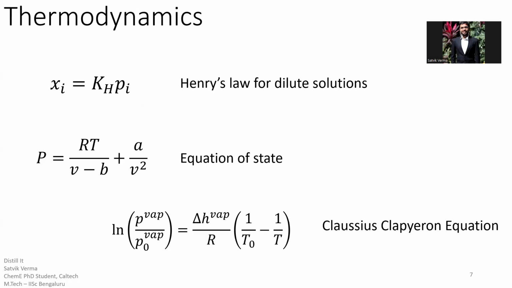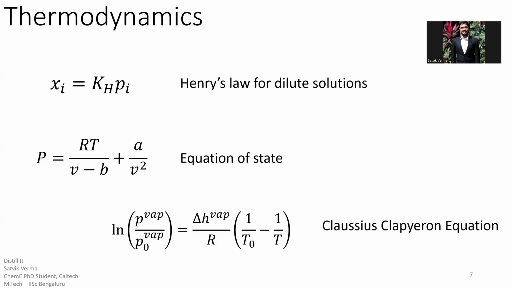Therefore, by cleverly designing your experiments, you can make the equation act like a linear equation and then use linear regression there. Another equation that is very widely used in thermodynamics is the Clausius-Clapeyron equation.